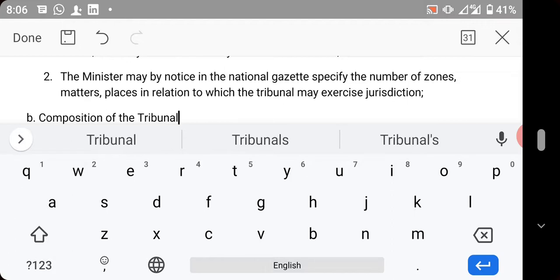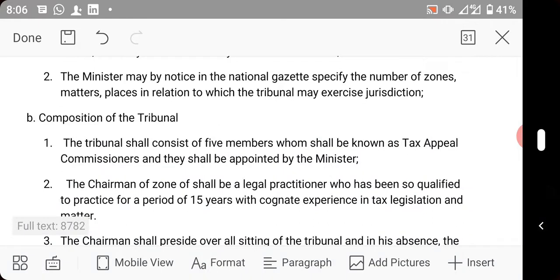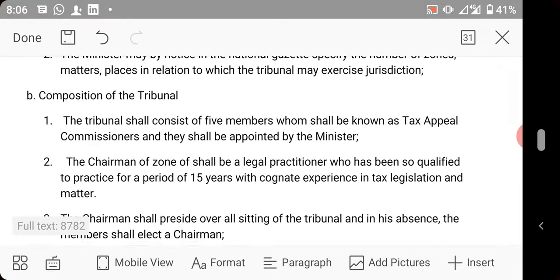The persons appointed as tax appeal tribunal members are referred to as tax appeal commissioners. They can only be appointed by the Minister of Finance or Finance Minister. And these persons must be knowledgeable in tax legislation and matters. They are to hold office for a period of 3 years, renewable once, or till they are 70, whichever comes first.